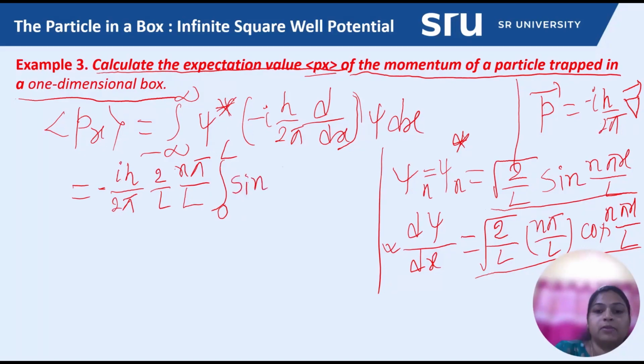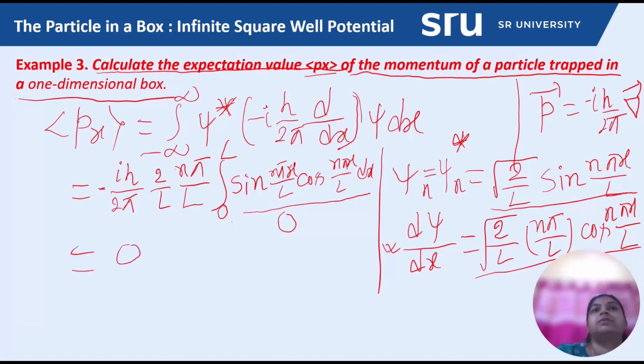The integrand is sine of n pi x by L into cos of n pi x by L dx. This integration of sine n pi x by L and cos n pi x by L from 0 to L is 0, so overall it becomes 0.